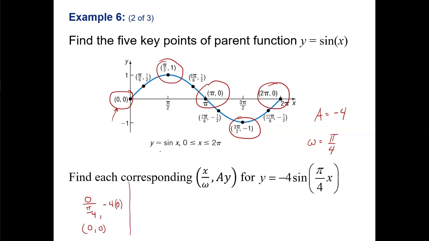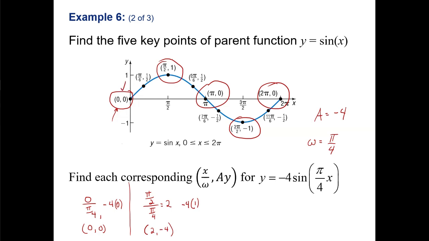Okay, next point, we're going to take pi over 2 divided by pi over 4. So that's going to be equal to 4 over 2, or 2. And then we're going to take negative 4 times 1. So our new point for this is going to be 2, negative 4.